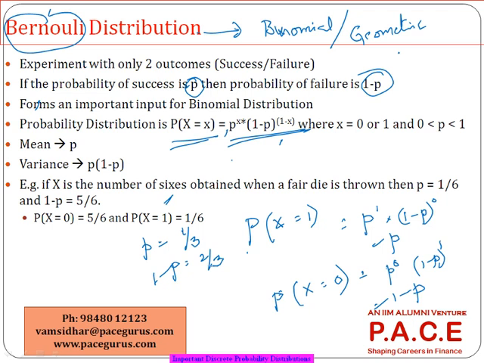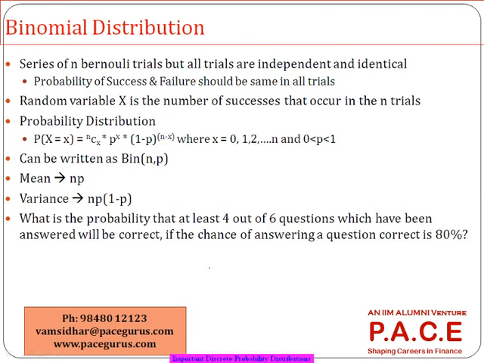Now, one of the most important distributions we need to be aware of is the binomial distribution. It is the same as the Bernoulli distribution, where there are only 2 outcomes, success and failure.